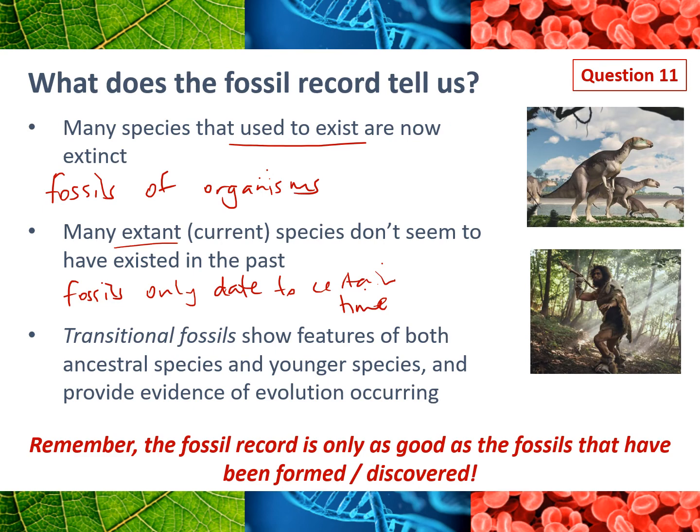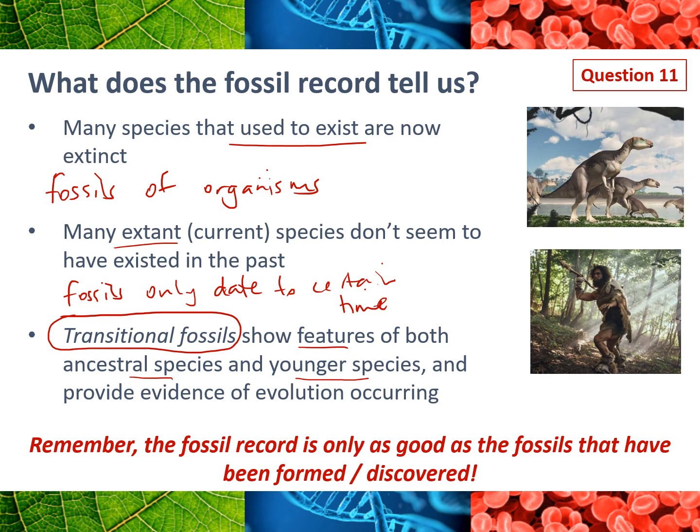Another key term, and we'll come back to this again in other lessons, is that transitional fossils have been found. These are fossils that show features of ancestral species, so original species, as well as the younger or more evolved species. An example of that being human ancestors.